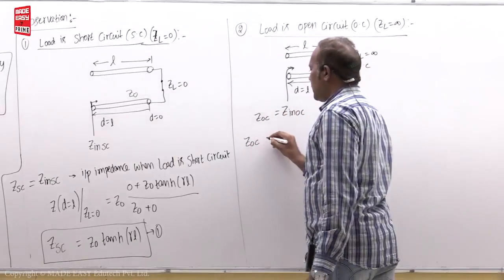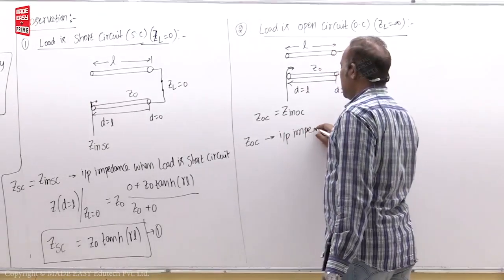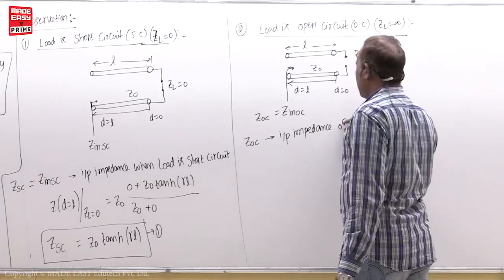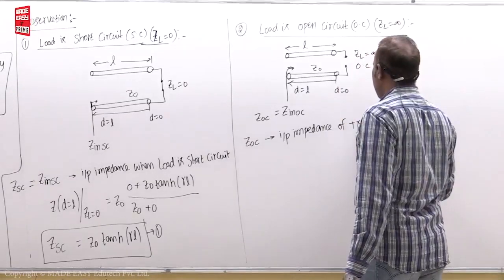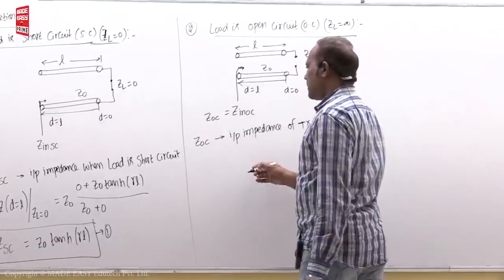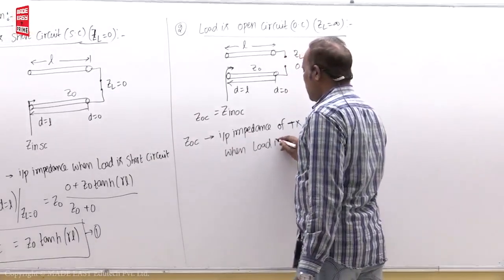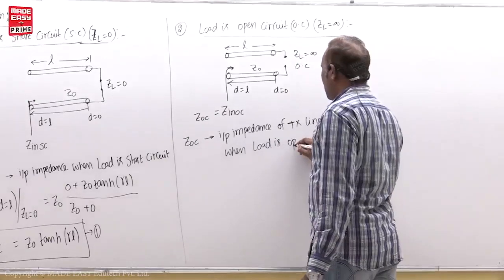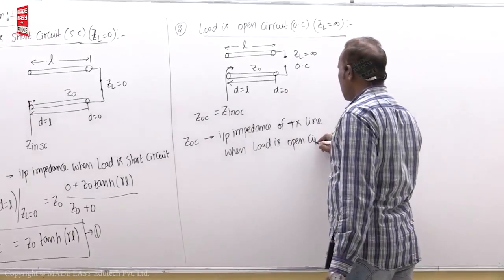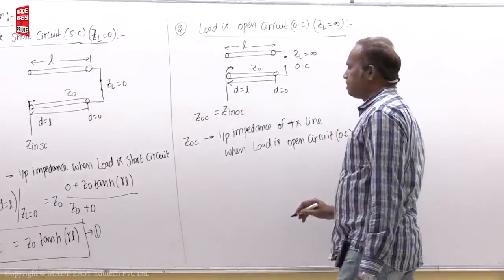So ZOC is nothing but input impedance of transmission line when load is open circuit. Okay.